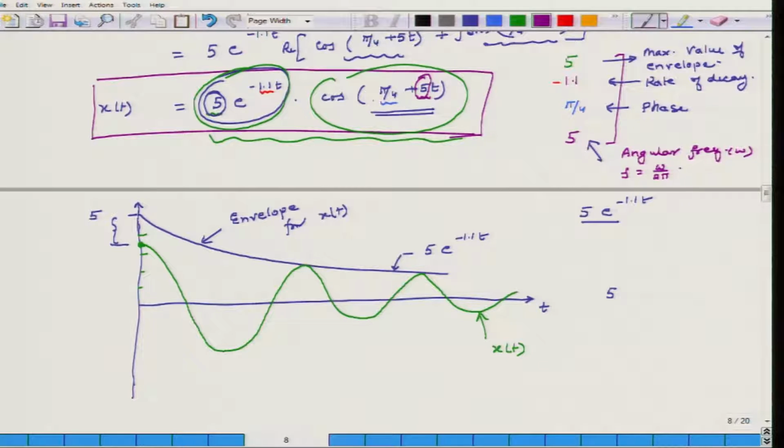So, the frequency will be 5 by 2 pi hertz, and the time period, which is the distance between two peaks, is the inverse of frequency. So, that is 2 pi over 5 and frequency is 5 over 2 pi. Okay.